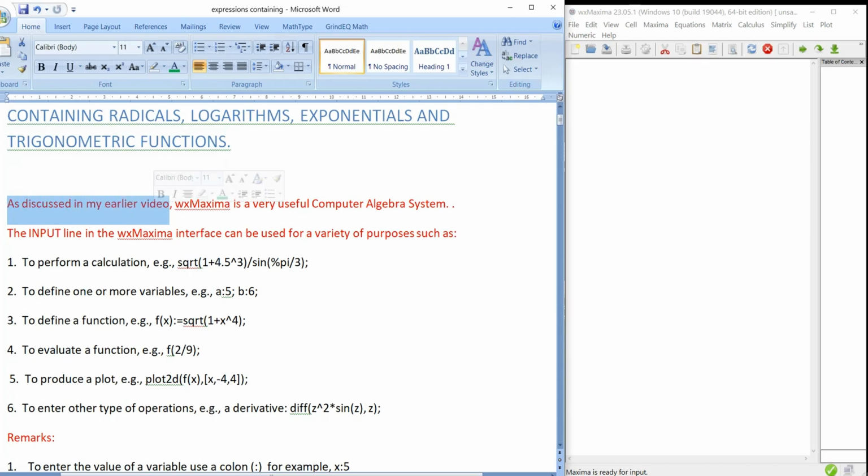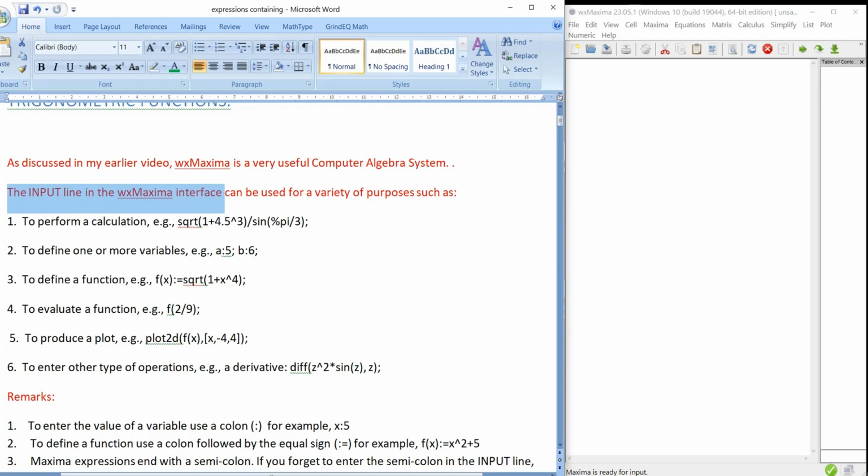As discussed in my earlier video, WX Maxima is a very useful computer algebra system, right? The input line, you all know what the input line is. The input line belongs to the cell in which we do our work. The input line in the WX Maxima interface can be used for different purposes. What are these functions?